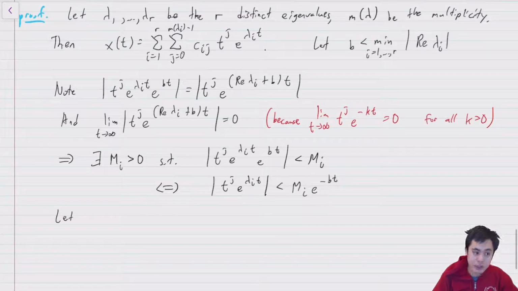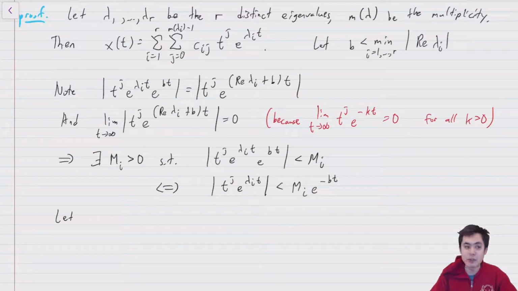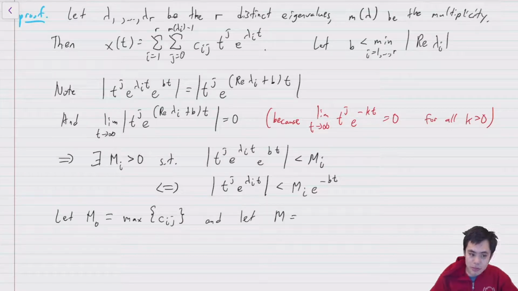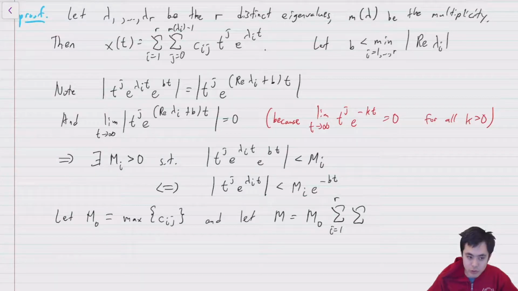Well, at this point, it's pretty easy. We've just shown it for each of our various fundamental set of solutions, and then we find some constant that's bigger than all of them. So let m naught be equal to the max over all of our coefficients. And then we let our m variable be equal to m naught times the sum over j from 1 to r of mi.